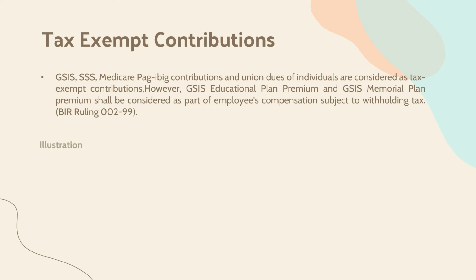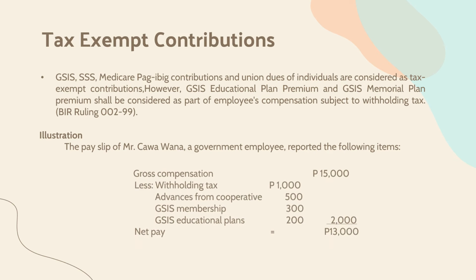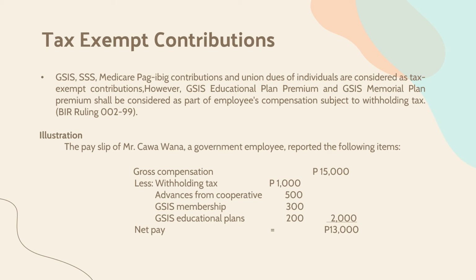The payslip of Mr. Kawawana, a government employee, reported the following items. His gross compensation is 15,000, less withholding tax, which is 1,000, advances from cooperative, 500, GSIS membership, 300, and GSIS educational plans, 200.